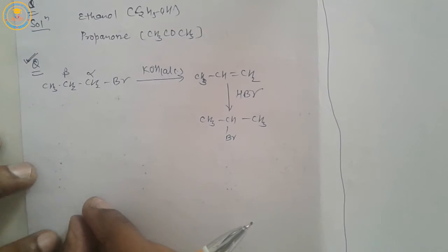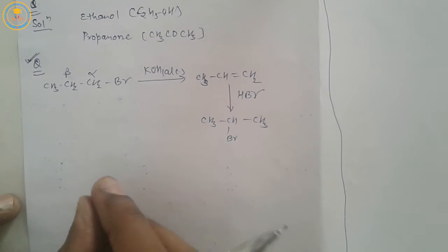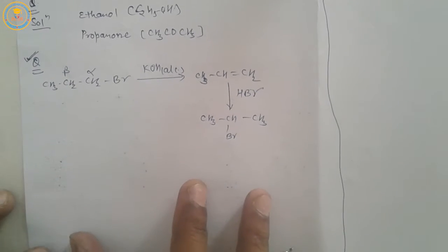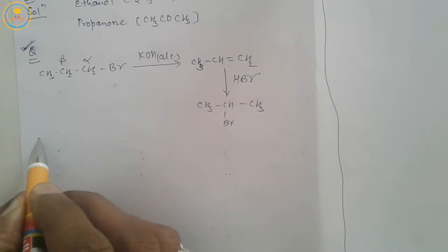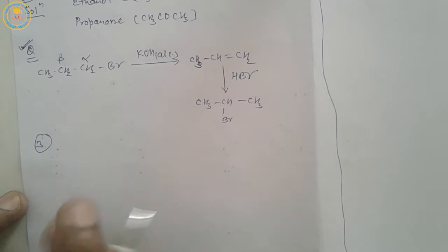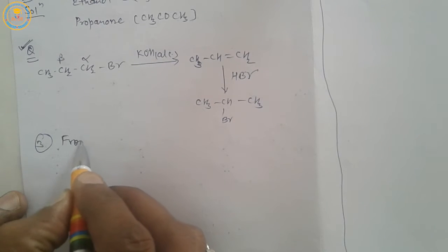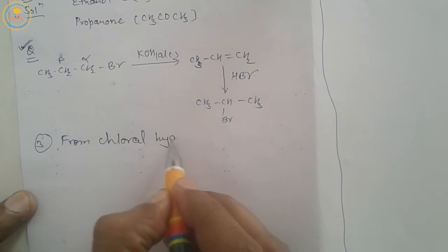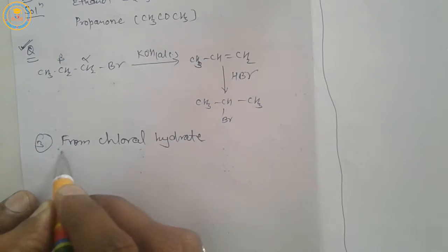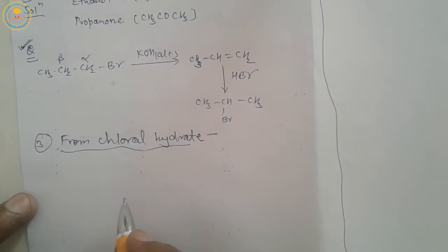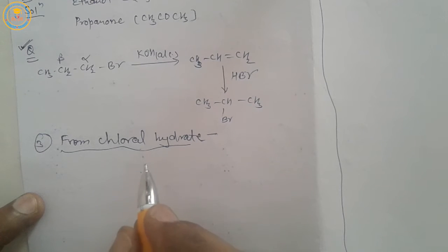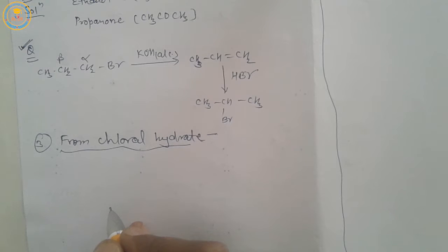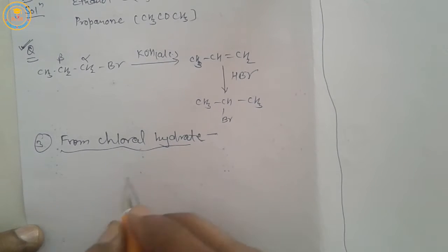In today's class, we are going to discuss the next method of preparation of chloroform. So, the third method is from chloral hydrate. When chloral hydrate reacts with aqueous NaOH, then pure chloroform is formed.